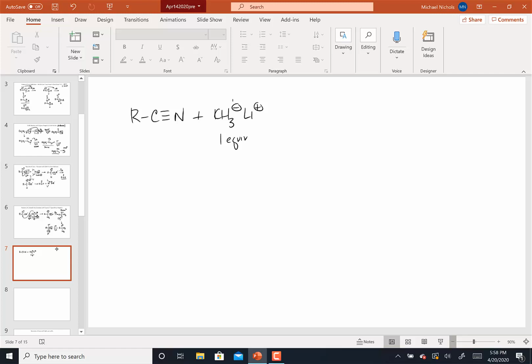And the C minus is going to come in and attack the carbon of the nitrile. The pair of electrons is going to move to the nitrogen. Now I'm going to end up with an N minus. And let's make the specific group here the methyl group.